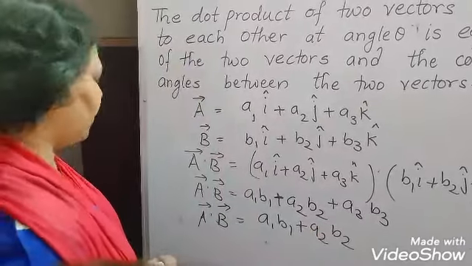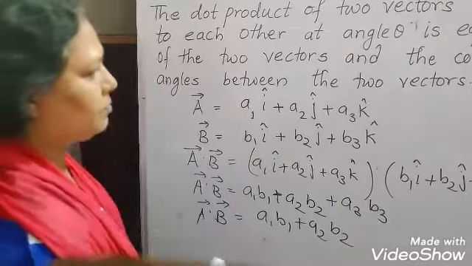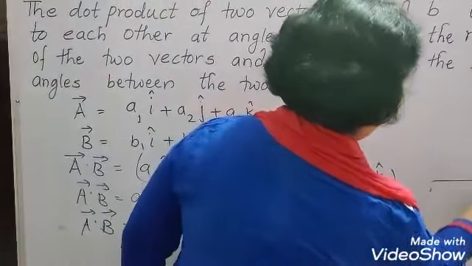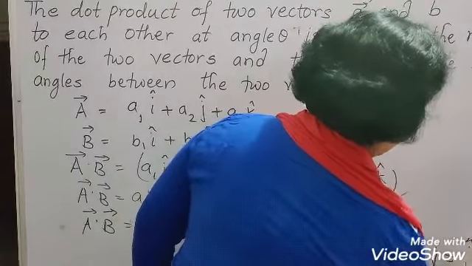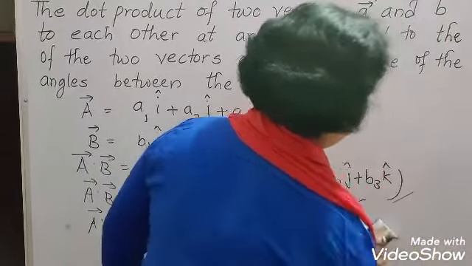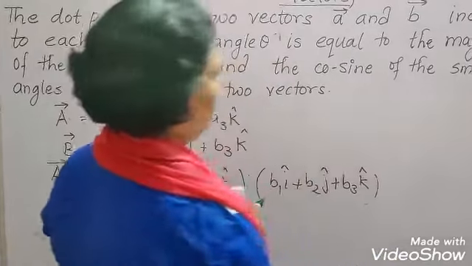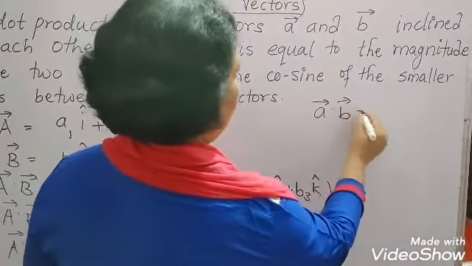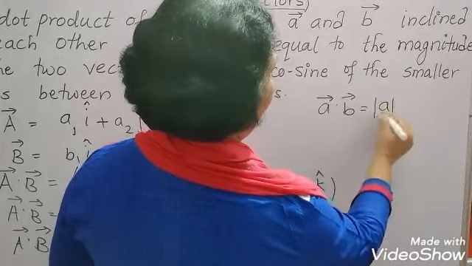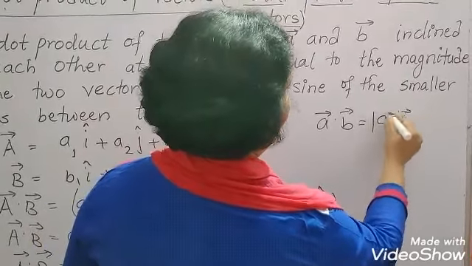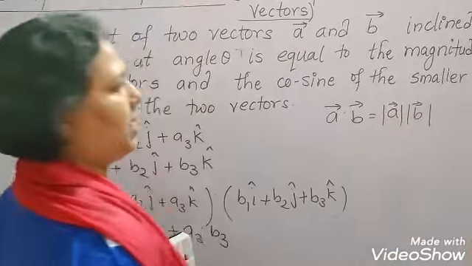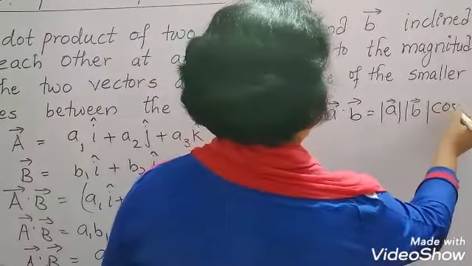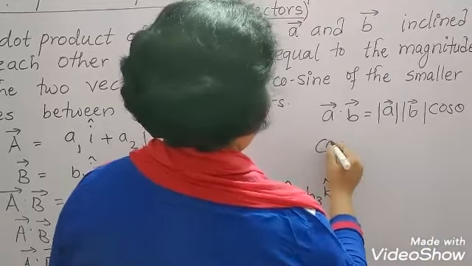Okay. One more thing you can see here. As we said, the dot product of two vectors, A dot B, is equal to the magnitude of A multiplied with the magnitude of B and cos theta. Then what is cos theta?